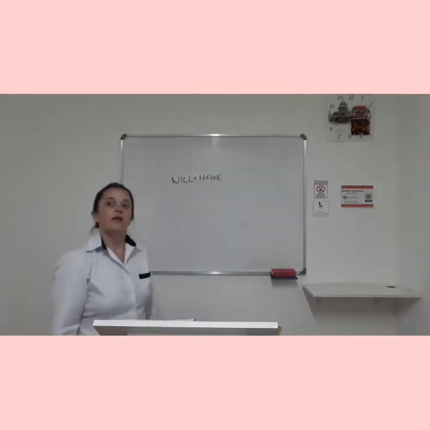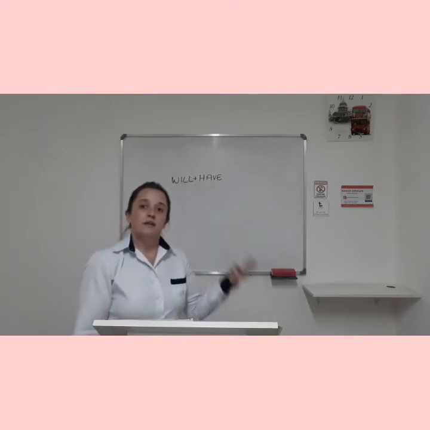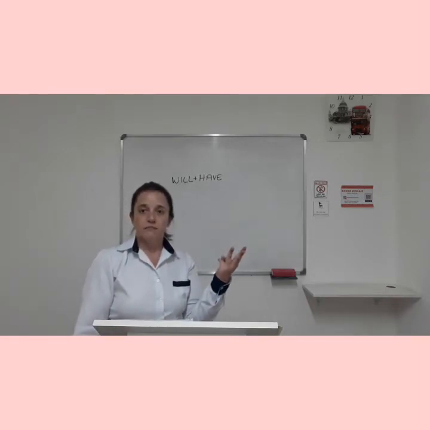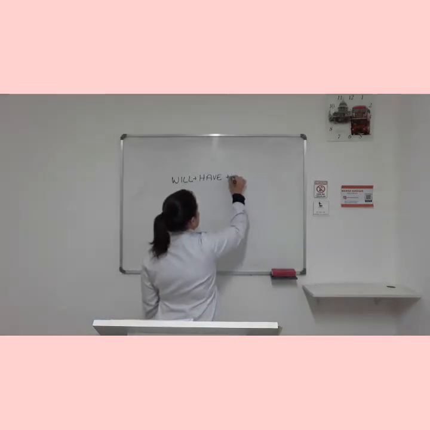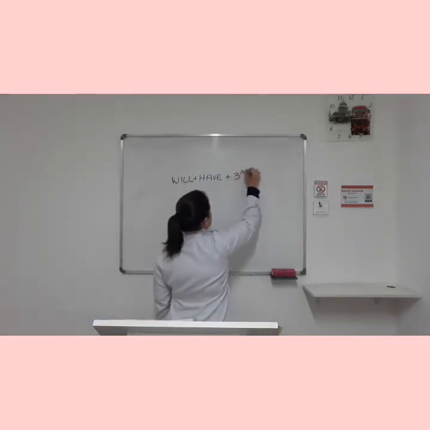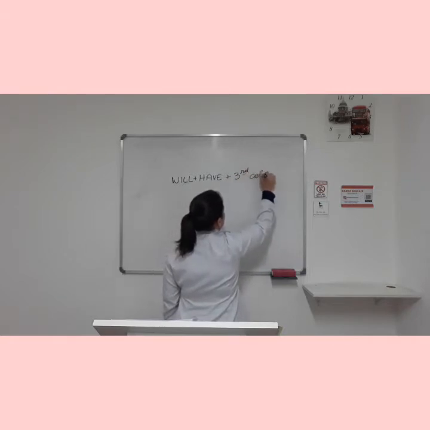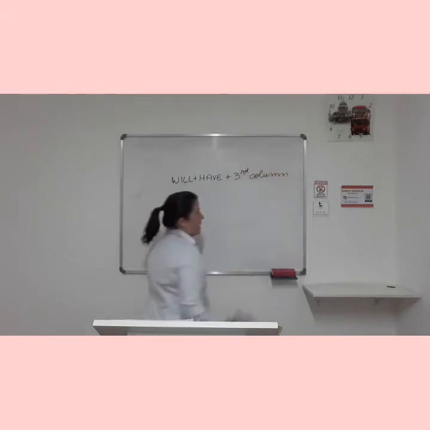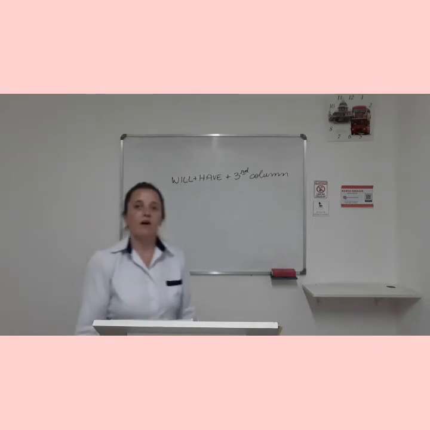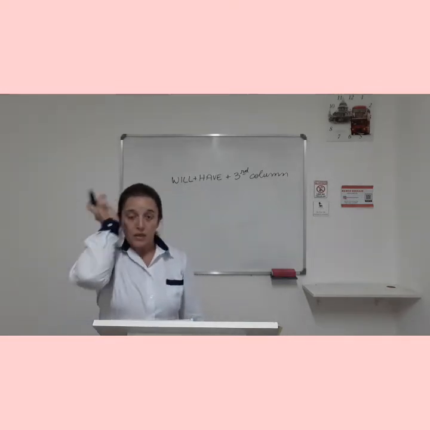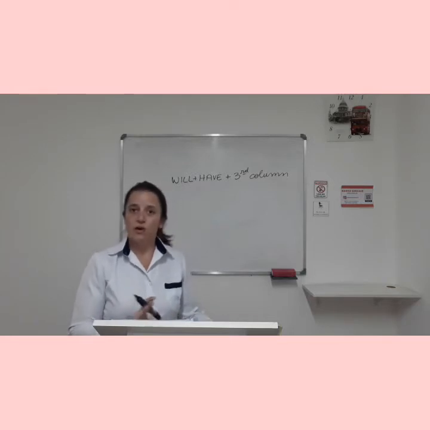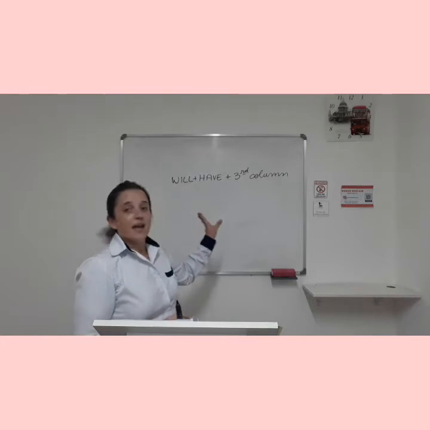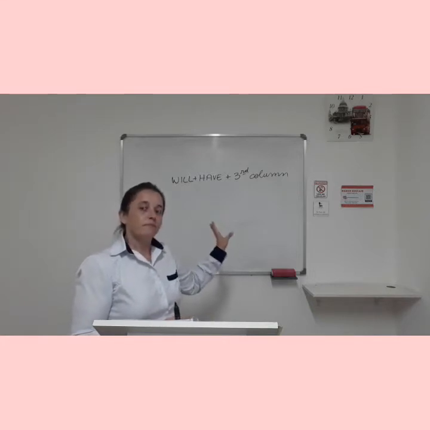Okay? And the third column, the past participle. Okay? Plus the third column, okay? The past participle of the irregular verb table. Remember that if the verb is regular, we just put D or ED at the end, okay? So, this, guys, is the construction, okay?